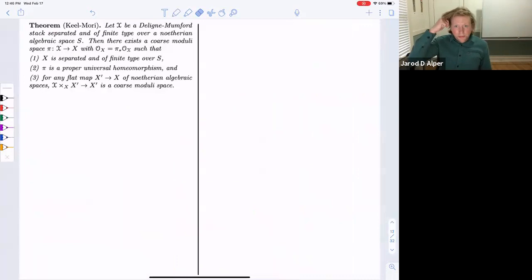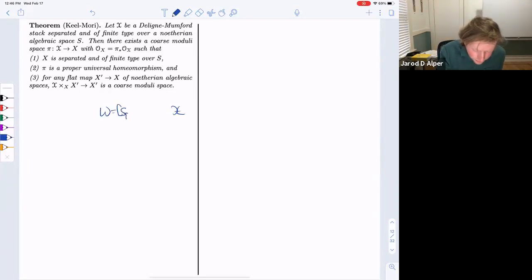Right, so going back to the proof, now what we have is we have our stack W, and we have a surjective, étale, affine morphism that's preserving stabilizer groups. And we have a coarse moduli space W, which is spec AG.